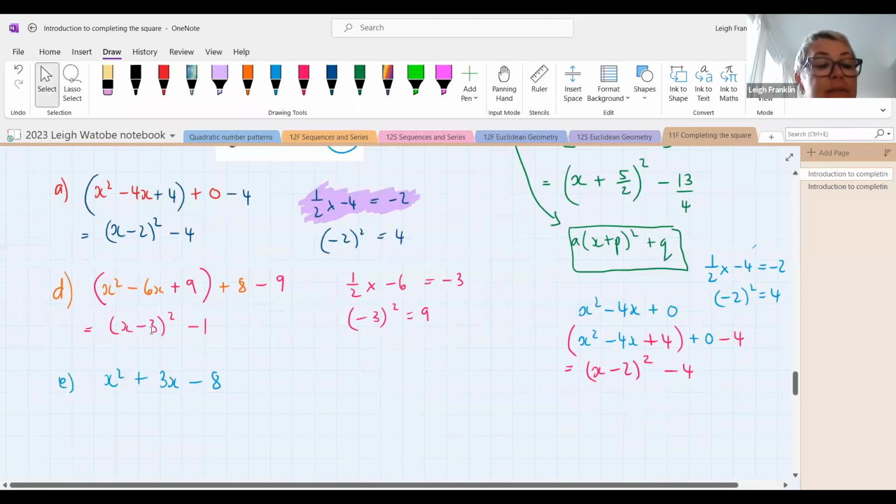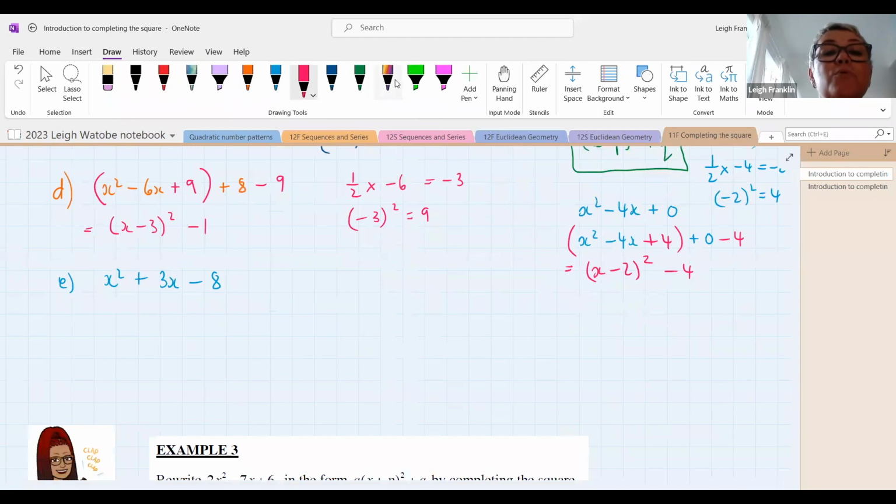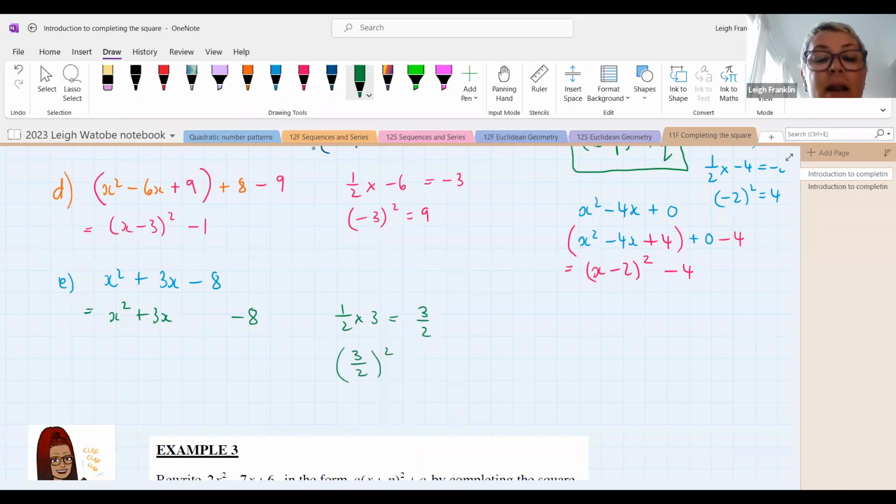And it would be exactly the same process over here. This one would just be a little bit more difficult because we've now got an odd number. So what we would do here, because I know somebody was asking about this question, x squared plus 3x, let's put the minus 8 over there. We're going to work out what half of 3 is. It's 3 over 2 or 1.5. And that's what I have to take and I have to square. That's going to give me 9 over 4. So I'm going to plus 9 over 4 over here to complete the square, and then I've got to take 9 over 4 away.